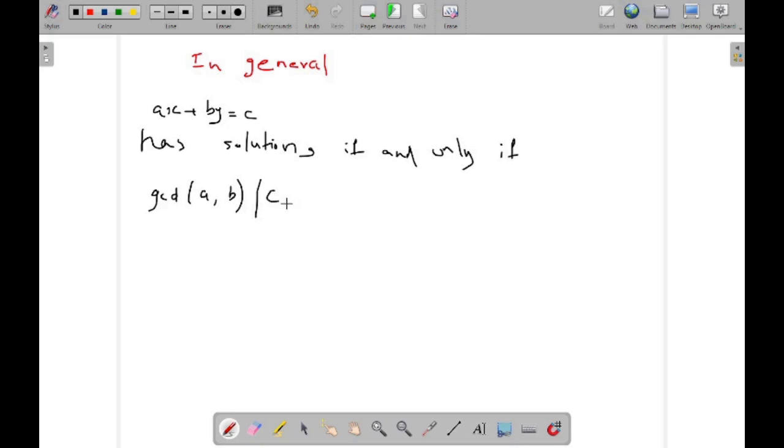If this condition is satisfied, we can expect infinitely many solutions for ax plus by equal to c. Remember, A divides B means B is a multiple of A.